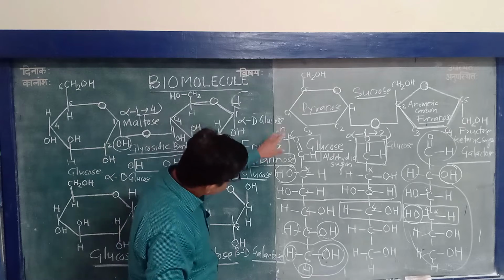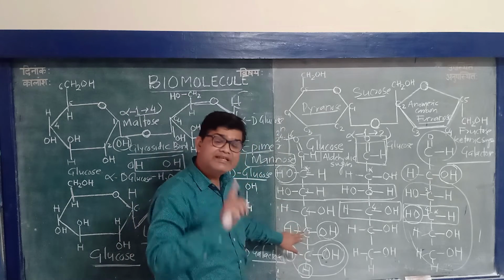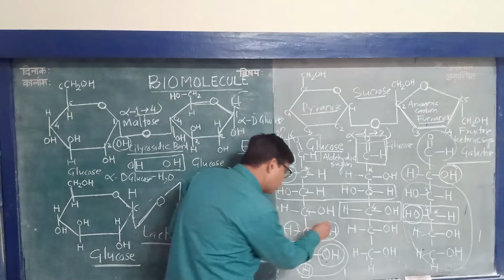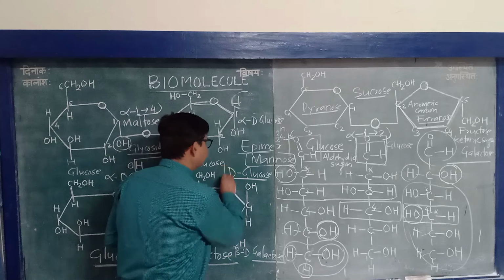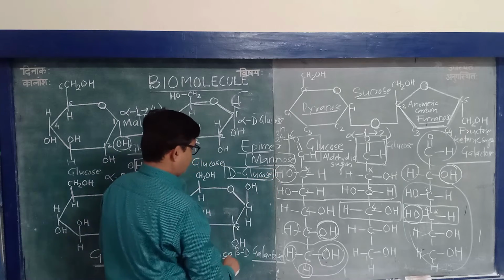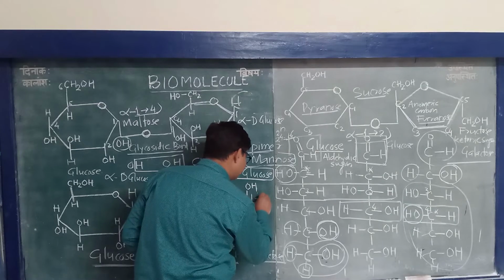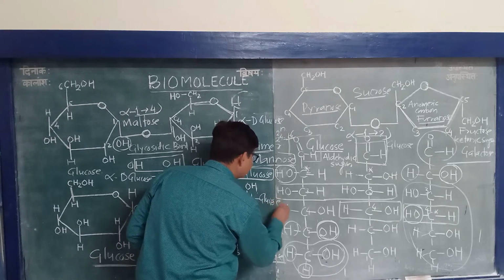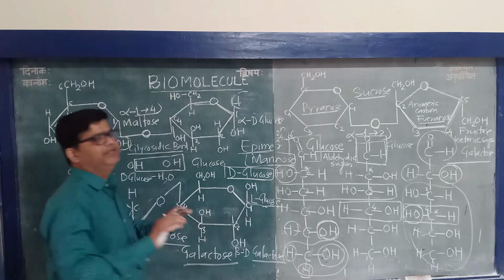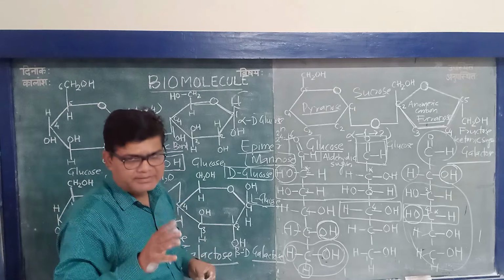If you draw the structure and find the second last carbon in any monosaccharide, if the hydroxy group is present on the right side, then it is D-glucose. If the hydroxy group is present on the left side, then it is L-glucose. So just remember this terminology in the chemical structure of biomolecules, especially carbohydrates.